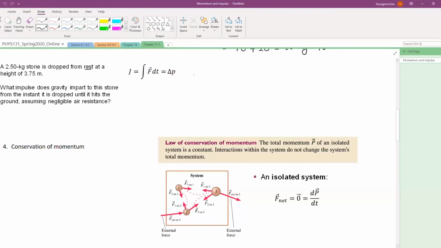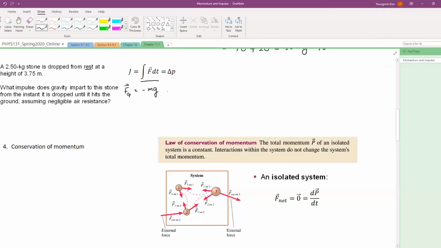We can solve this either way, either using the integral of forces or momentum. And I'm going to do both ways for you to show whether both sides will match up. So let's first try the integral method. Here the force considered is the force of gravity, and that is, with the correct sign, minus mg, pointing downward.